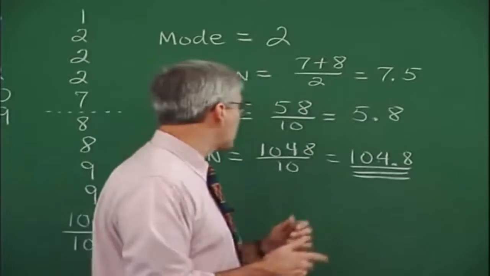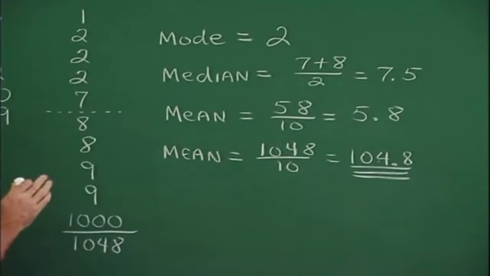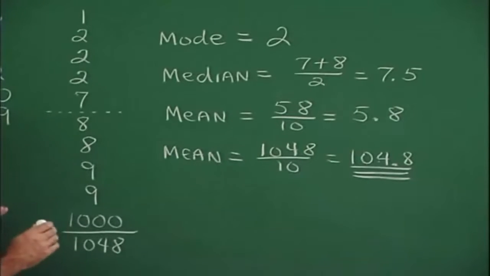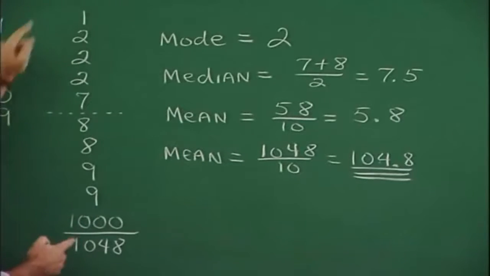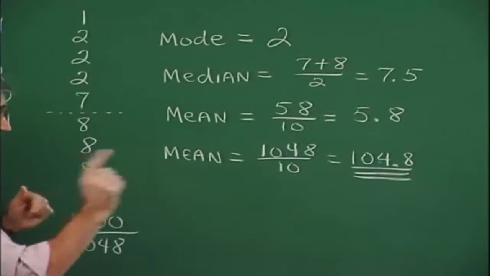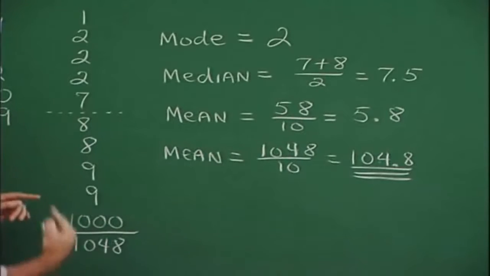For example, here we could calculate a 10% trimmed mean. What that means is that we're taking 10% of the values in the data set off of both ends. 10% of 10 items is 1. So we're going to take one item off of the top and the bottom.